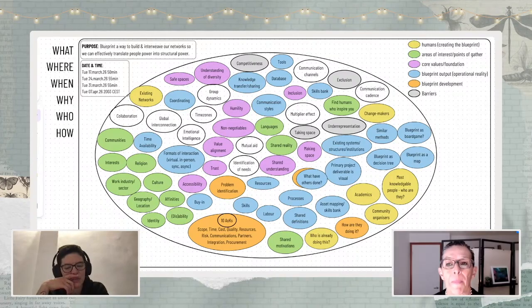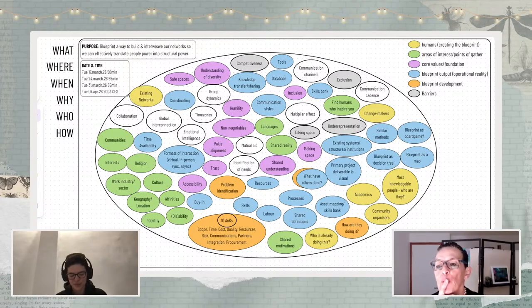What do you think? Yeah, definitely. I think it goes better to the foundation, right? Because one of the foundations is the collaboration, right? So let's work them there. Okay.